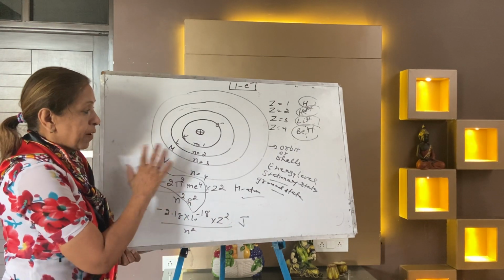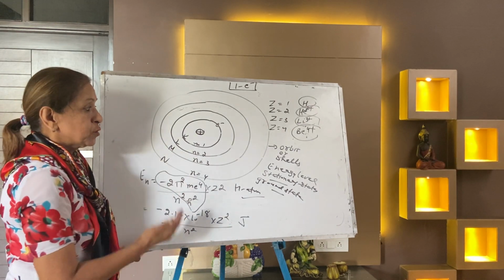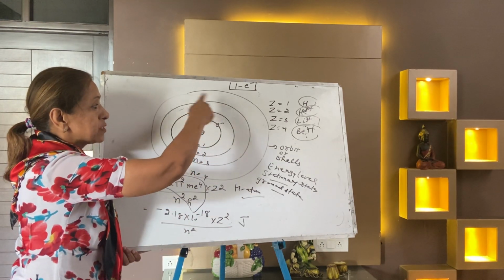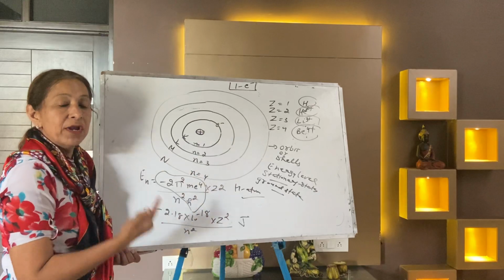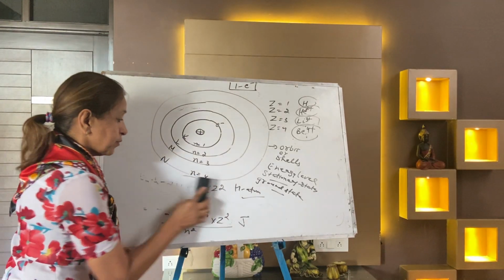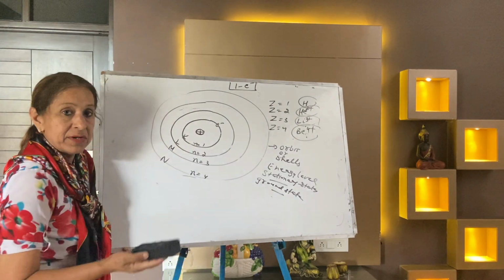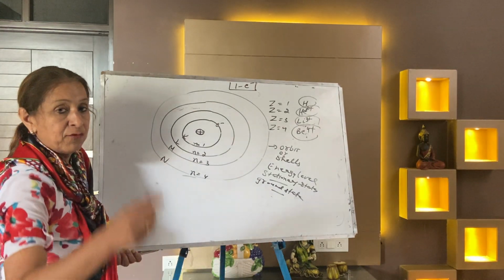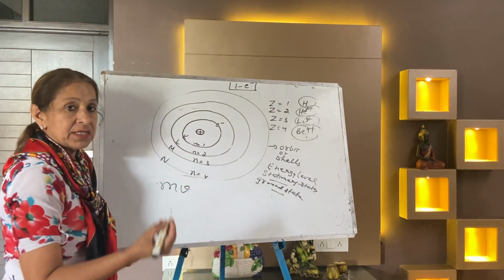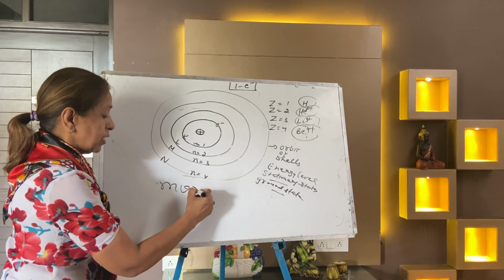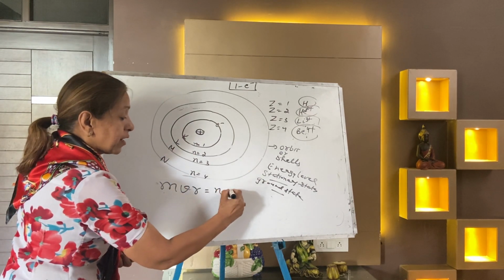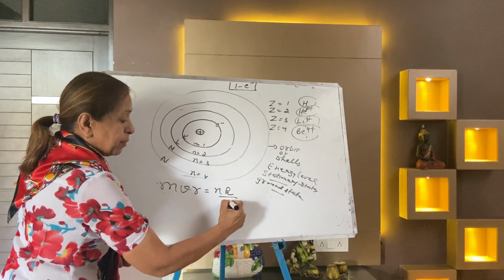Okay, now this is about Bohr's model, and the next postulate is that only those orbits are permitted whose angular momentum is mvr. The electron will revolve only in those orbits whose angular momentum L, that is mass times velocity times radius, is an integral multiple of h by 2 pi.